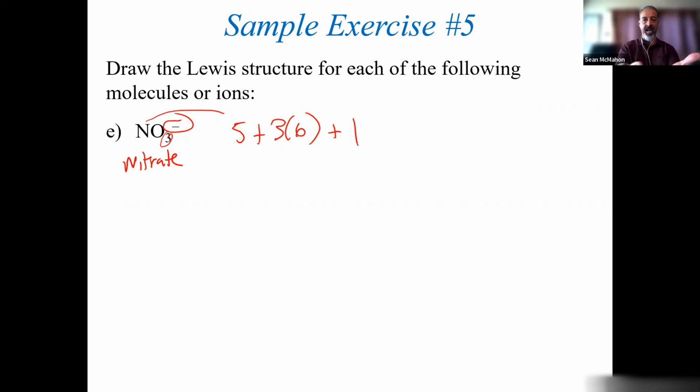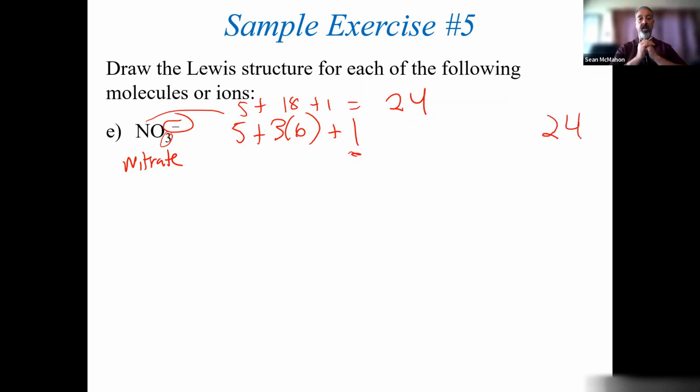So that's why I have to add 1 more valence electron. And what do I get? 5 plus 3 times 6, 18, plus 1 equals 24 valence electrons. So I have a total of 24 valence electrons. I'll actually put that over here.